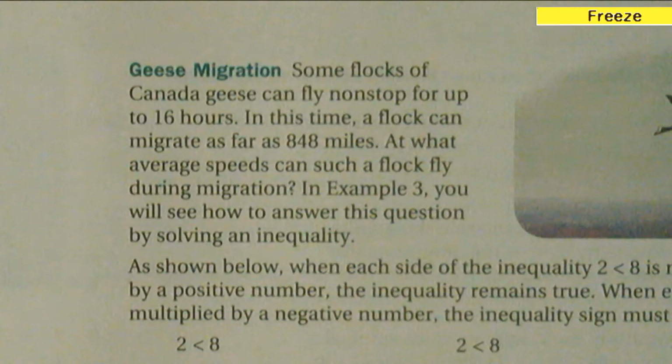It says some flocks of Canadian geese can fly nonstop for up to 16 hours. In this time, a flock can migrate as far as 848 miles. At what average speeds can the flock fly during migration? All right, so write that information down. And then once we do that, let's talk about how we know this is an inequality.